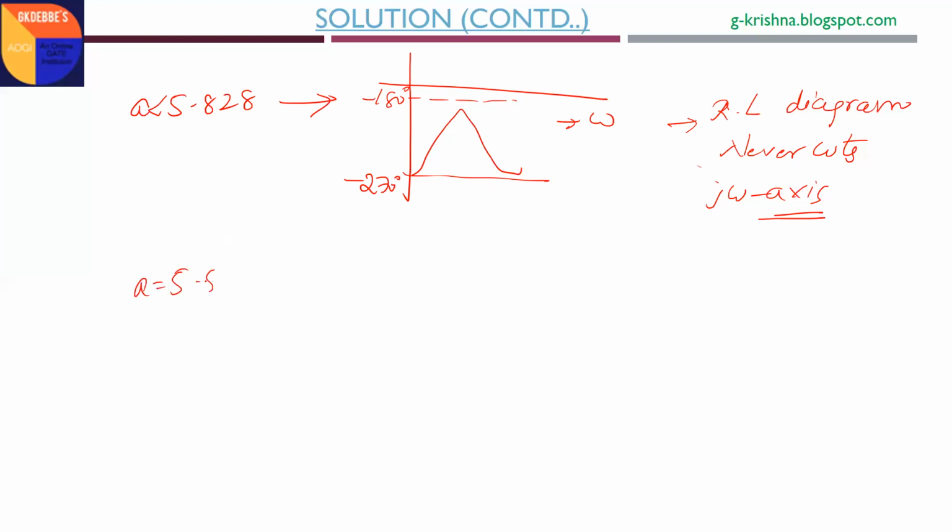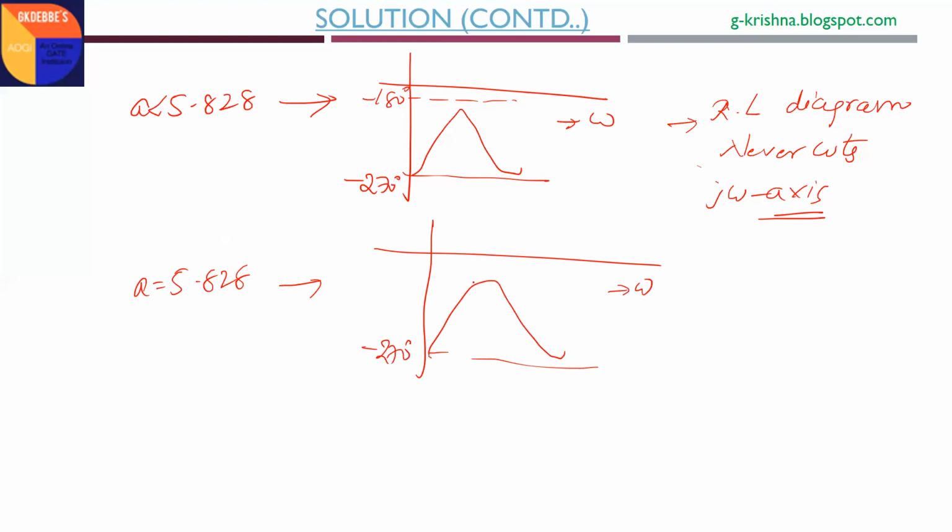If you select a equals 5.828, the phase plot will be like this. This plot will cut minus 180 degrees for one frequency. That frequency we will call omega pc.